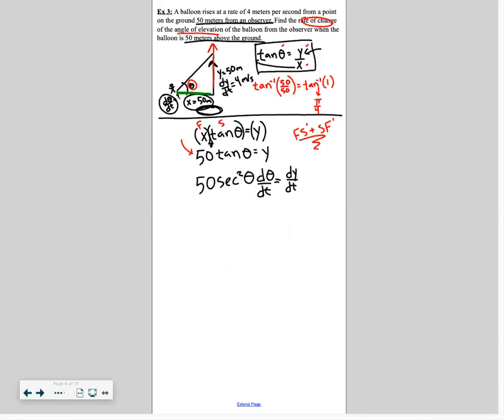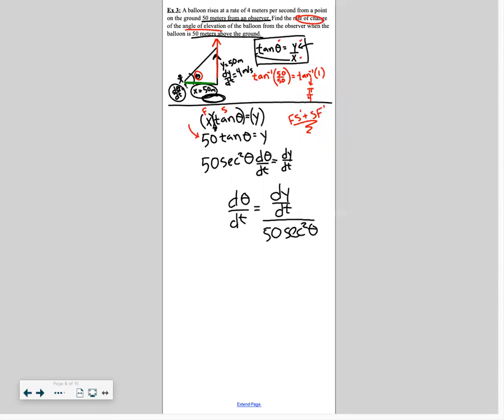Okay, we are solving for d theta dt, so we are one step away here. Let's write d theta dt is equal to dy dt over 50 secant squared theta. Okay, I'm pretty sure we have everything here.